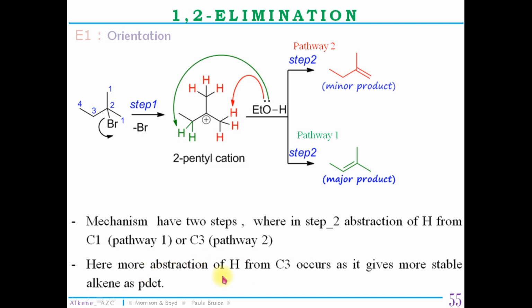Here, more abstraction of beta hydrogen from carbon 3 occurs, as it gives the more stable alkene as product.